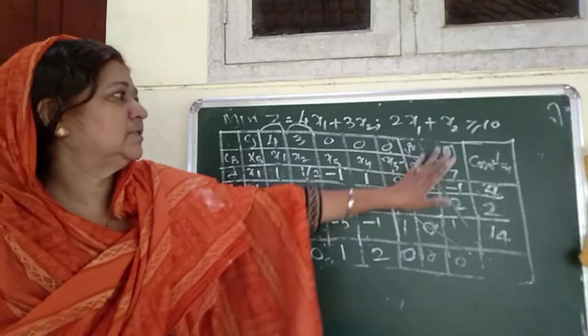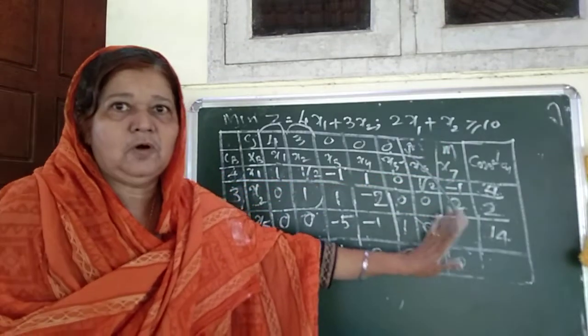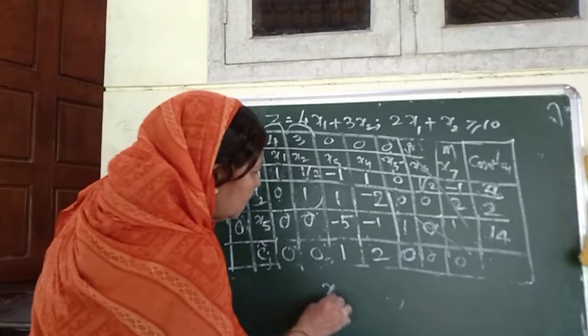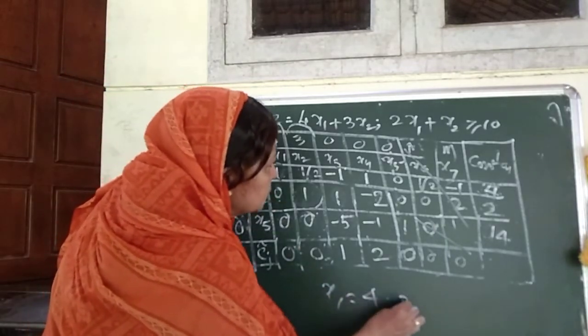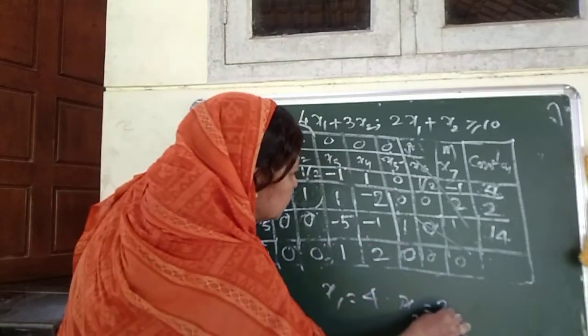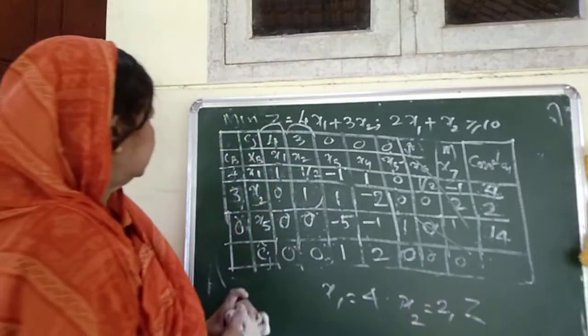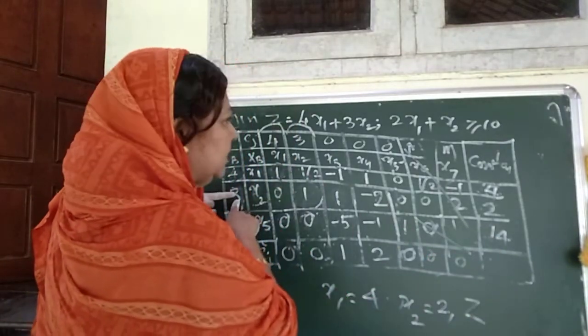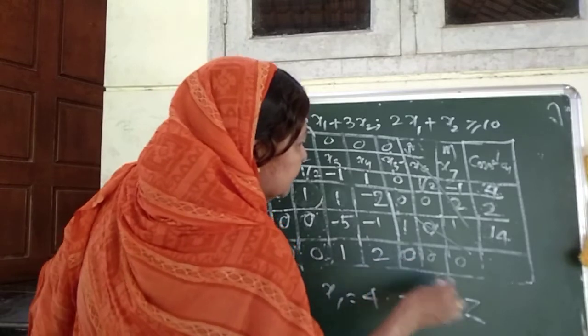This is the final solution excepting these two columns. So from this we can read the solution as x1 equal to 4, x2 equal to 2 and z. What is the z? z is 4 into 4, 16 plus 6. 16 plus 6, it is 22.